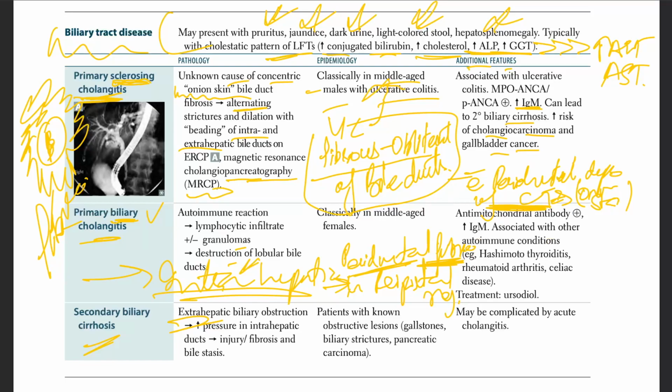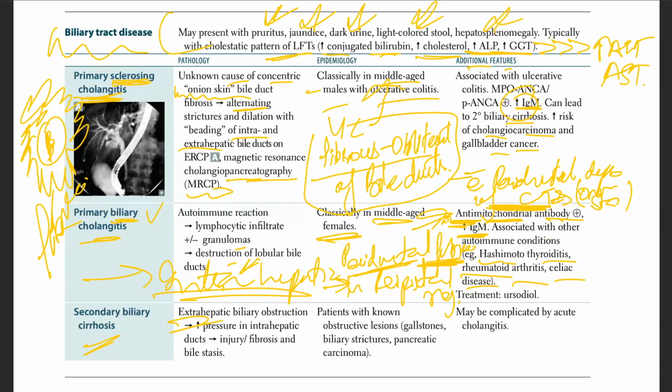Some other things: you have the classically middle-aged females, and additional features are going to be anti-mitochondrial antibodies positive, increase in IgM. Both have an increase in IgM, but here the antibody is different. Anti-mitochondrial antibody positive, associated with other autoimmune conditions, for example Hashimoto thyroiditis, rheumatoid arthritis, and celiac disease. Okay, one more thing.